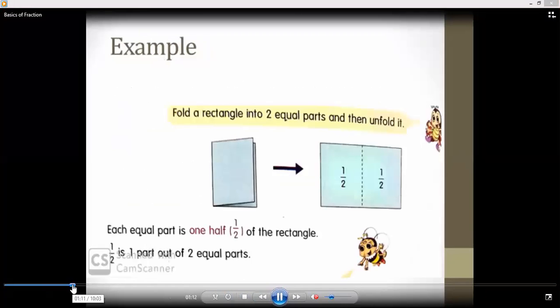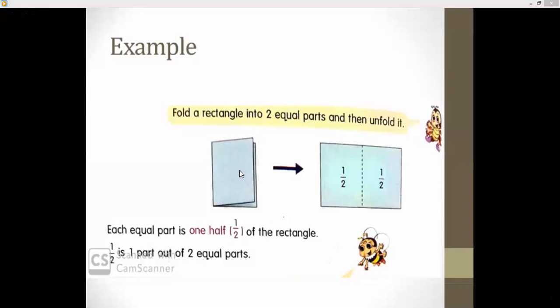Further, if we move on, I gave you the example that if you have one piece of paper, let's suppose you have one piece of paper. What you did, fold it in that way that both ends are the same, like fold it equally in half.